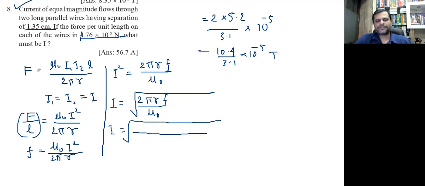Then we can replace all these values here. We get 2 pi kept as it is into r, which is the separation of the wires, 1.35 centimeter, which can be converted into meter by multiplying by 10 raised to minus 2. So 1.35 into 10 raised to minus 2.